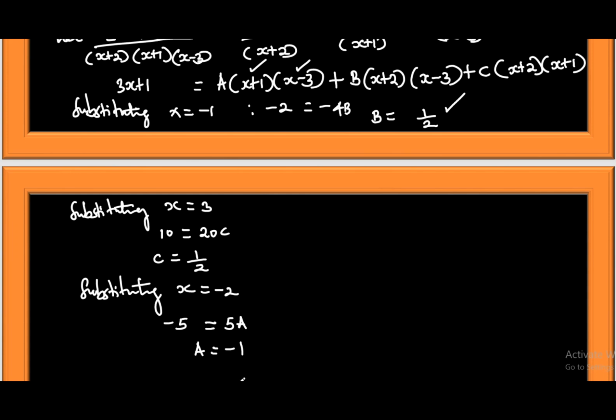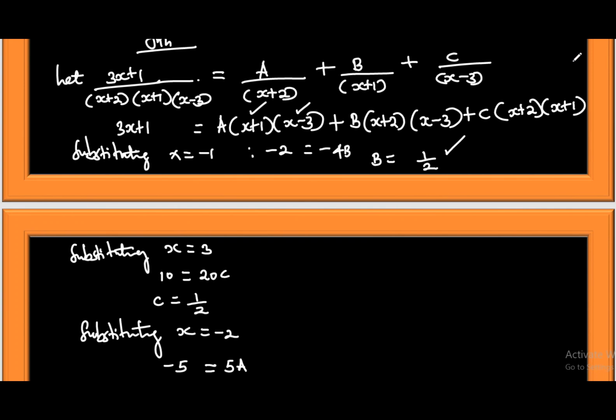Now that we have comfortably got the values of A, B, and C, we go back and substitute where? In the very first step that we started with here. You can conclude and say, therefore, 3x plus 1 divided by x plus 2 into brackets x plus 1 into brackets x minus 3 will be equal to A, but our A we have got already as negative 1.